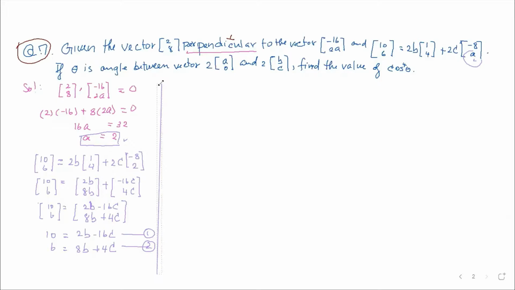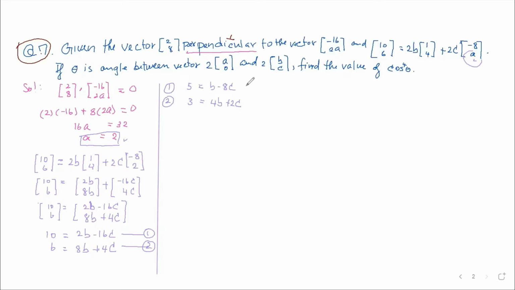I need more space, so I move here. So then from equation 1, we simplify, because this 10 to 16, we make a lower term, it's going to be easy to do calculation. So this one becomes 5 equal to b minus 8c, divided by 2, right? And this one also from equation 2 to simplify it, 6, 8, 4, so this one becomes 3 equal to 4b plus 2c.